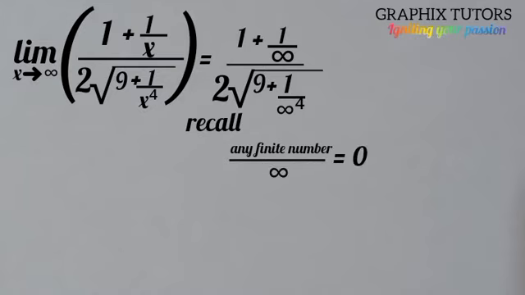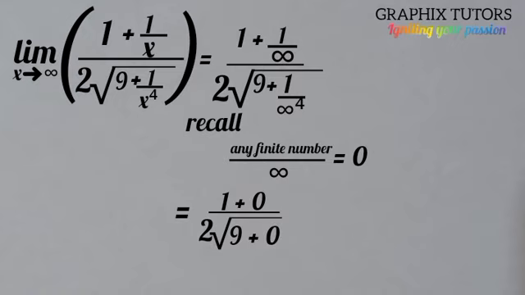So I will now start. Note one thing. Immediately I start inputting my value of x, I don't need to write the lim anymore. So from here, if I now want to rewrite this, I will now have 1 plus 1 over infinity, which is 0, all over 2 times square root of 9 plus 1 over infinity, because infinity raised to anything is infinity, right?